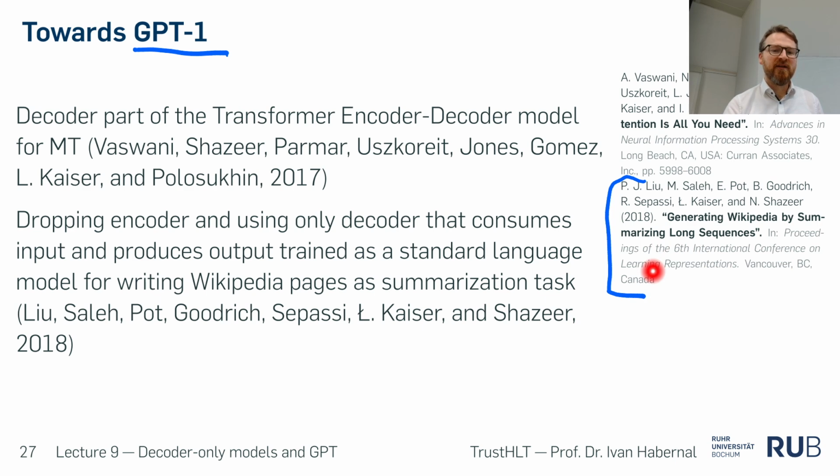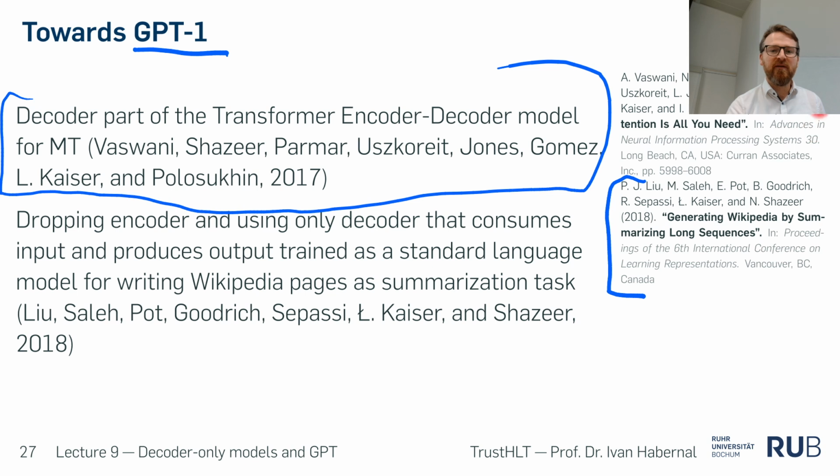Basically, the GPT model is based on the very famous paper by Vaswani, Shazeer, Parmar, Uszkoreit, Jones, Gomez, Kaiser, and Polosukhin from 2017. This is the Attention Is All You Need paper, which has billions of citations today.